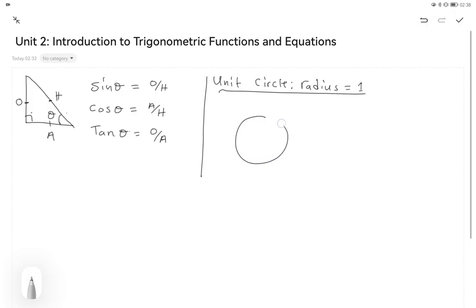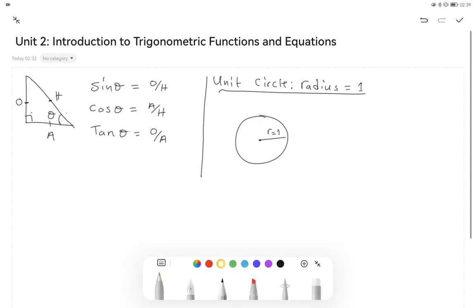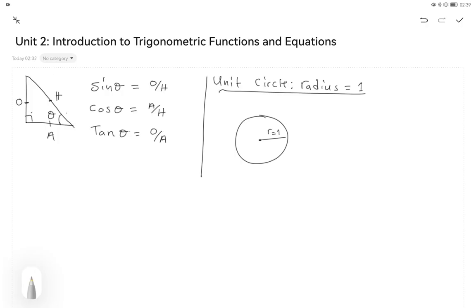Let me draw the circle here. This one's radius is equal to 1. Okay. So after drawing something like that circle, I can put a triangle inside it.